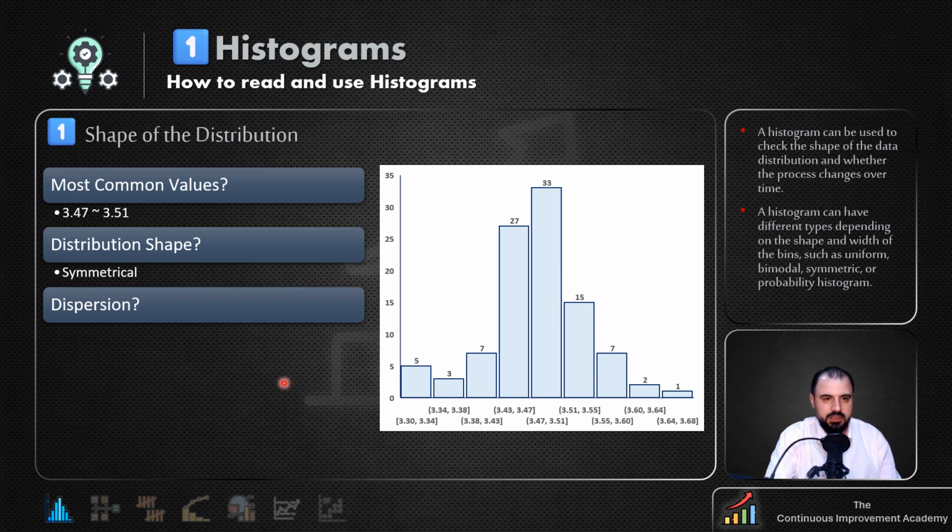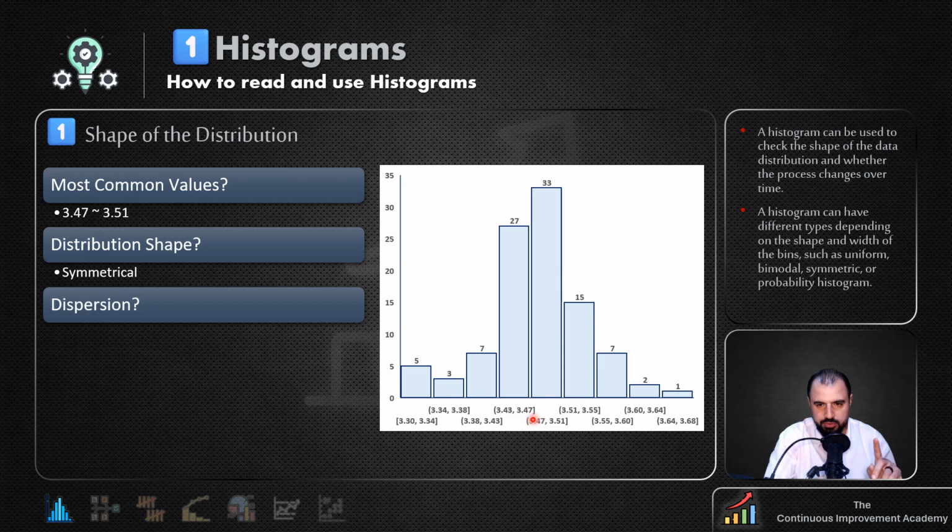The third thing in seeing the shape of the distribution is the dispersion, right? Are all of our data in one area with no dispersion? No, there is some dispersion here. We can see that the most common values are around this area, but we also have some dispersion far from the average of the performance.